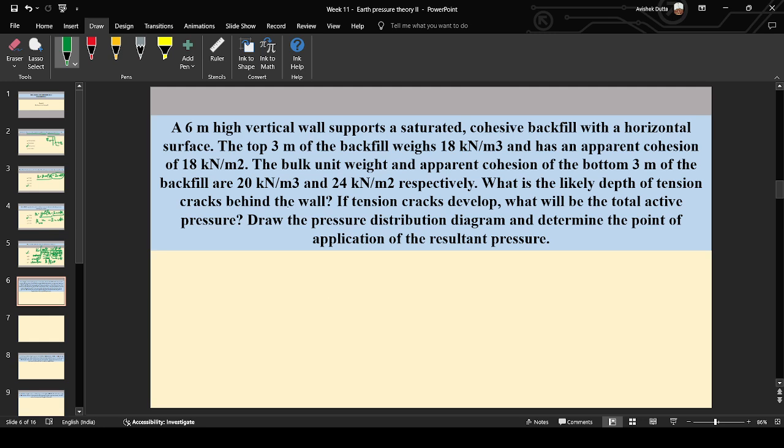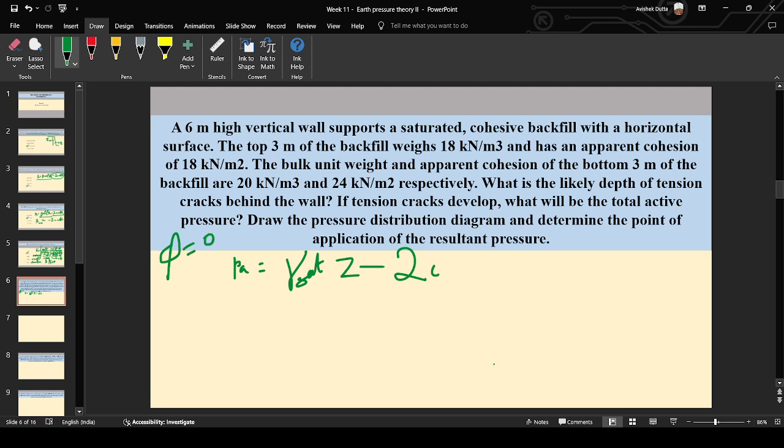First of all, we'll write the equation, PA equals gamma sat Z minus 2C. For saturated clay, we'll assume phi equal to 0.